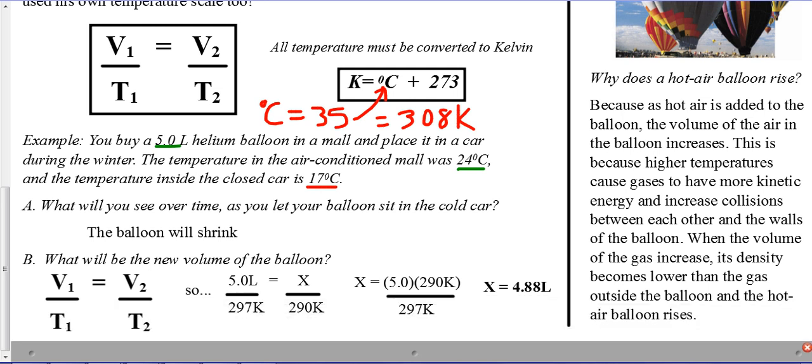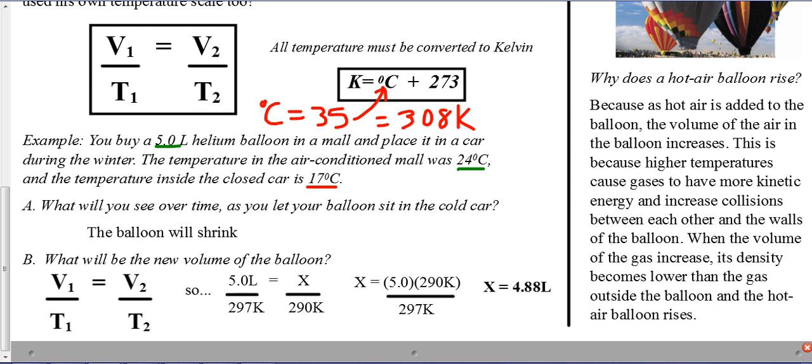So we plug these numbers into the equation: V1 over T1 equals V2 over T2. Remember from the previous formula from Boyle's law that the 1s represent the initial measurements, and the 2s represent the final or resulting measurements.